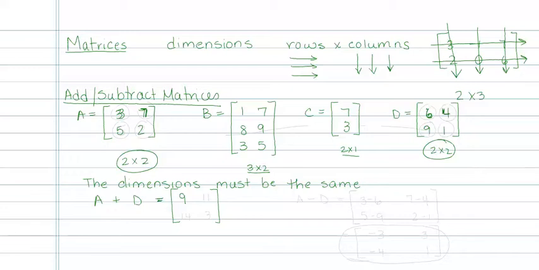Matrix D has a 4. 7 plus 4 is 11. Matrix A has a 5 in this entry. In matrix D we have a 9, so 5 plus 9 is 14. Matrix A has a 2, and matrix D has a 1, and a 2 plus 1 is a 3. And that's all you do when you add a matrix.